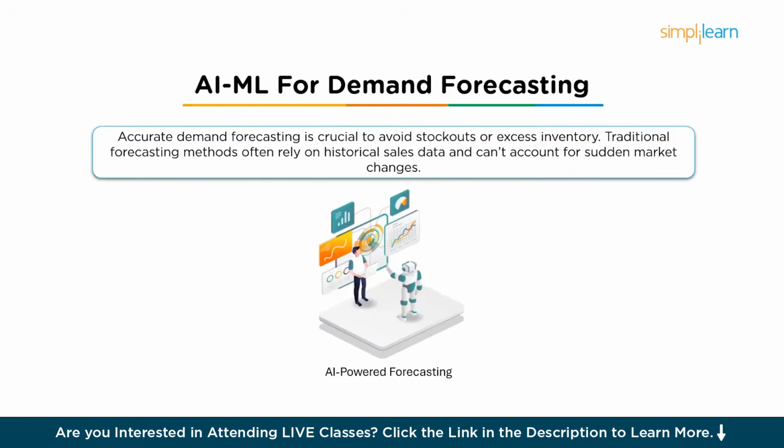These systems continuously learn and adapt, improving accuracy over time. For instance, an AI model might detect a spike in demand for certain products during a viral social media campaign and adjust procurement plans accordingly. Improved forecasting reduces cost, enhances customer satisfaction, and drives smarter inventory management.